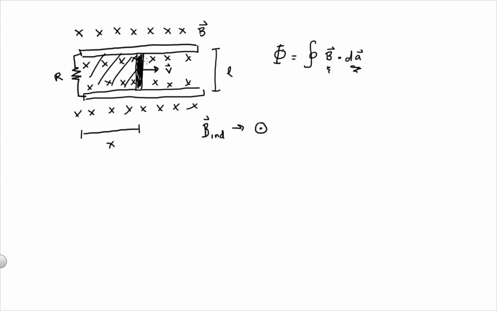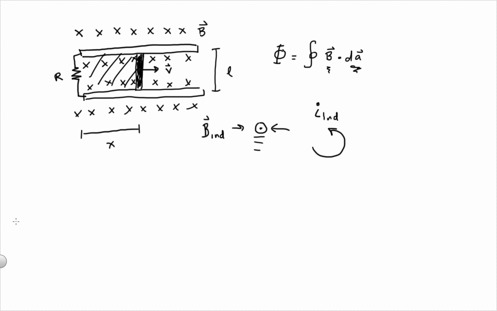Because if we're sweeping up more field lines that are pointing into the page, we're going to induce a current that drives a magnetic field that points out of the page. And so the direction of the current that is induced is going to have to be counterclockwise. And if we put the fingers of our right hand in the direction of this counterclockwise loop, you're going to see your thumb pointing at you, which is how we get a field that is pointing out of the page.